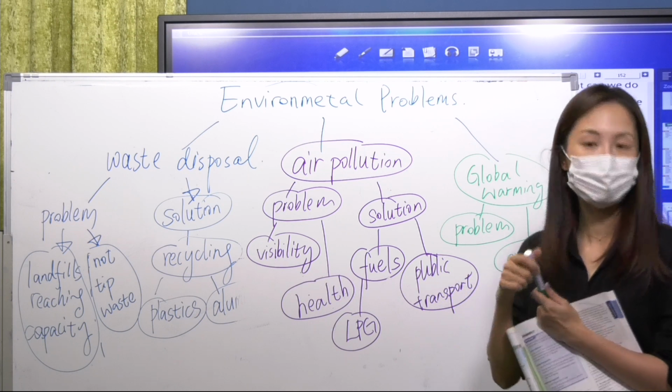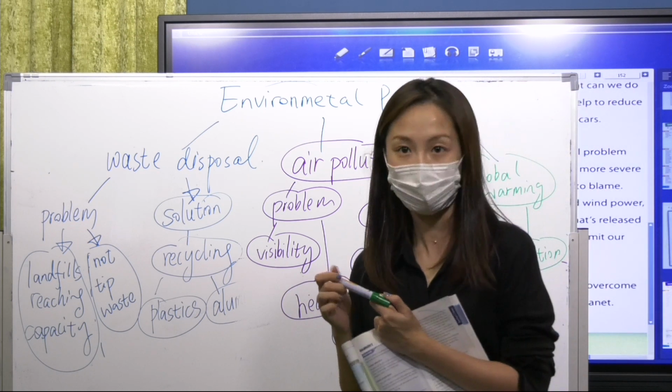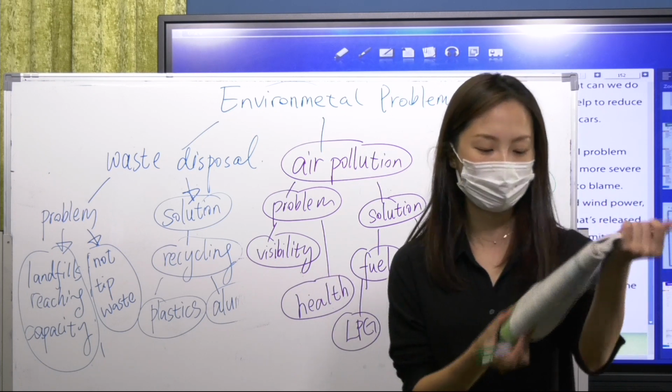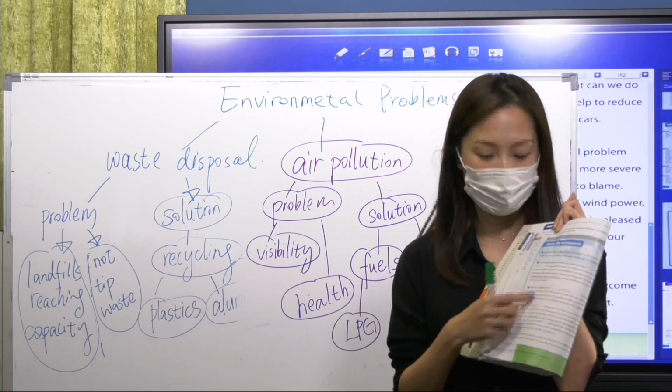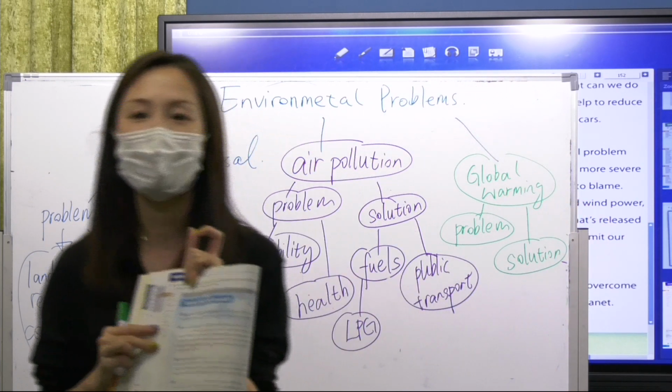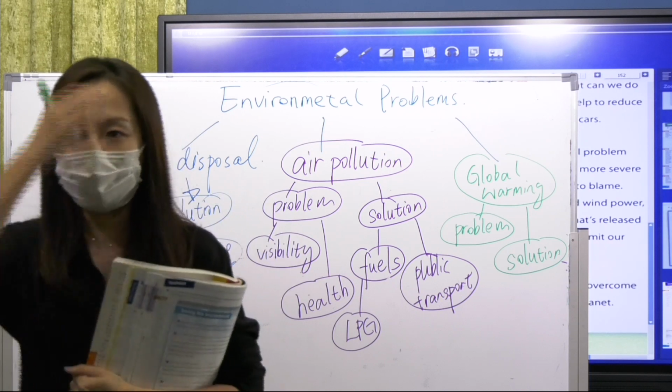Okay, so this is your homework for today, today's tutorial. Okay, so I hope you go back home and read this paragraph carefully and find words related to global warming. Why do I ask you to draw the mind map?